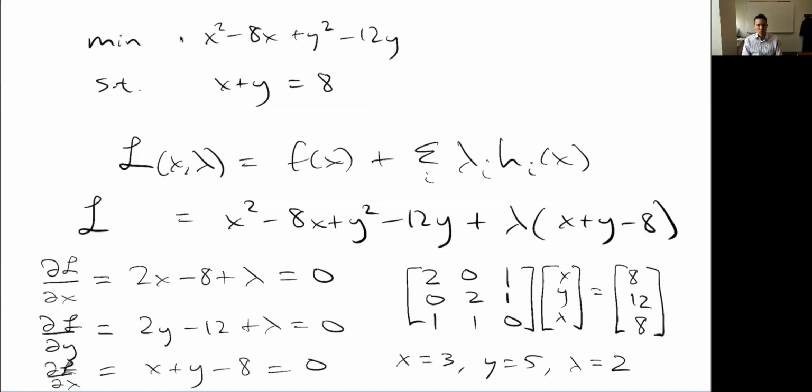Okay, so there are a few takeaways from this example here. One is that this is an approach we could use quite generally. We could have many constraints. We just form the Lagrangian, take partial derivatives. And what we're going to get is a system of equations that are going to be nonlinear.